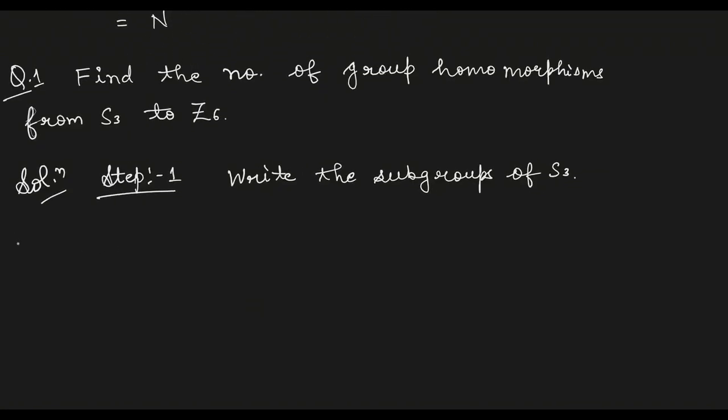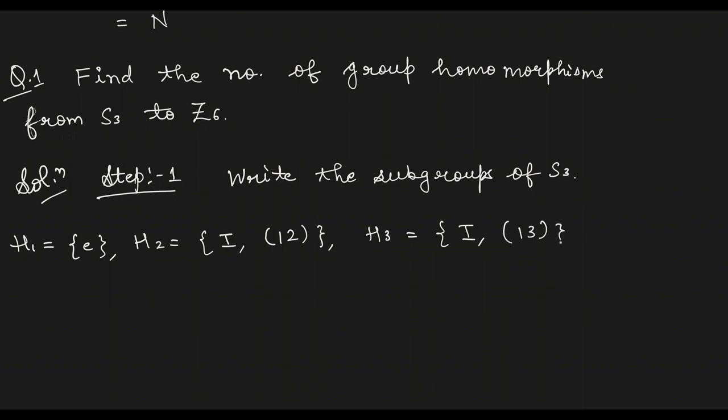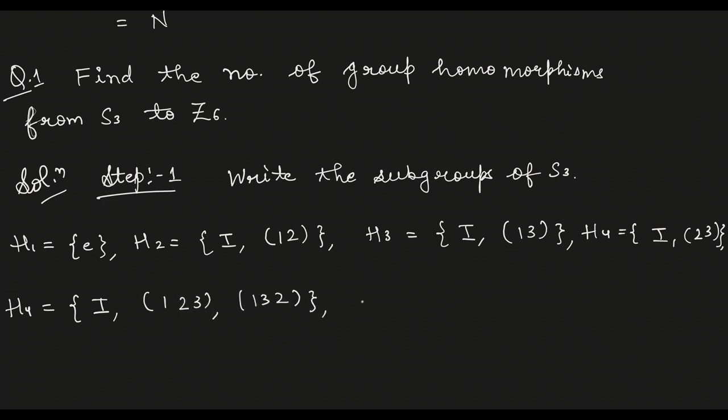The subgroups of S3 are H1 = {identity}, H2 = {identity, (1 2)}, H3 = {identity, (1 3)}, H4 = {identity, (2 3)}, H5 = {identity, (1 2 3), (1 3 2)}, and H6 is the complete S3.